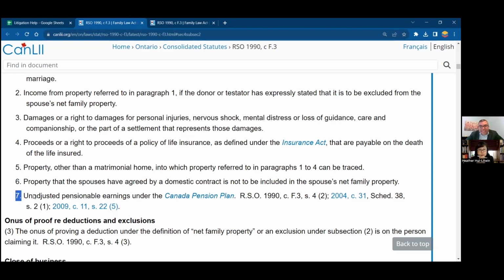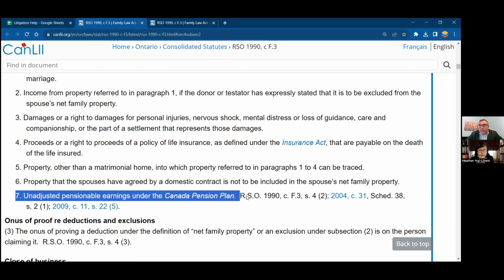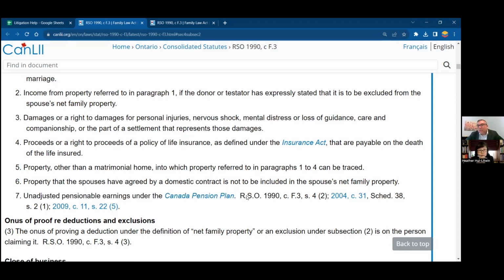And then lastly, and this is funny that this is here, but Canada Pension Plan credits, which are divisible, just like an equalization calculation of net family property, are just not done under the Family Law Act. So it's excluded under the Family Law Act.